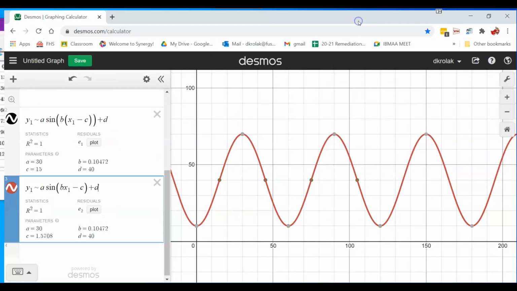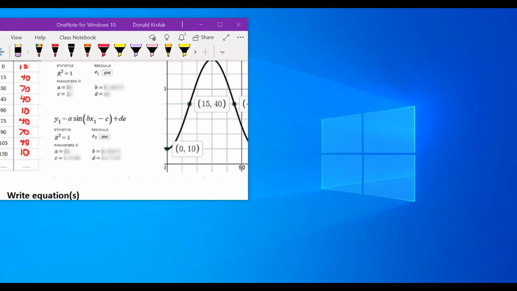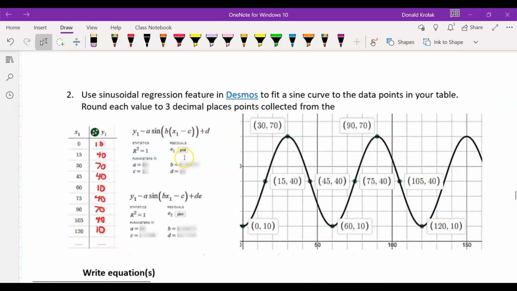Okay, then I just copy those values onto my graph here. 15, 1, down here 30, 5, 7.